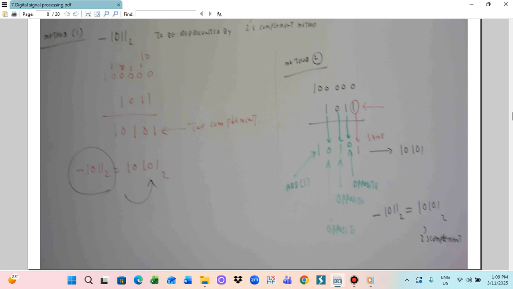Before reaching the first 1, from right to left, just write the same number.